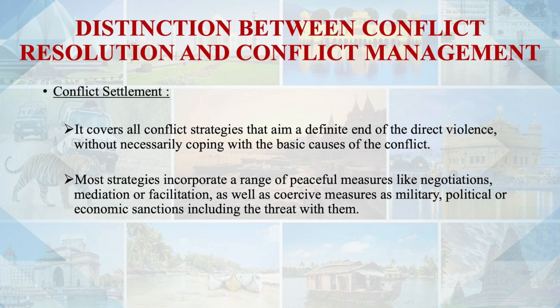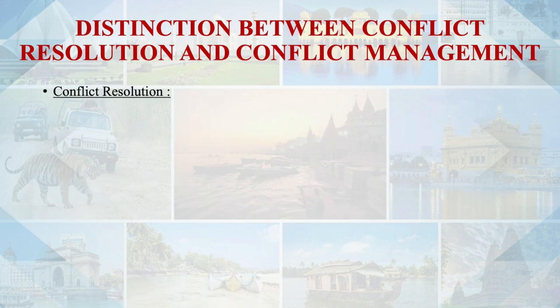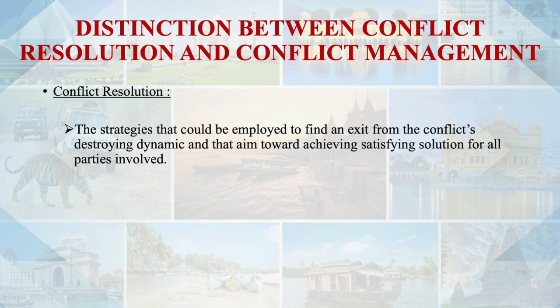From conflict settlement, we reach the level of conflict resolution. What happens under conflict resolution? These are the strategies that could be employed to find an exit from the conflicting, destructive, dynamic situations and aim towards achieving a satisfying solution for most of the parties involved in the conflicting situation.